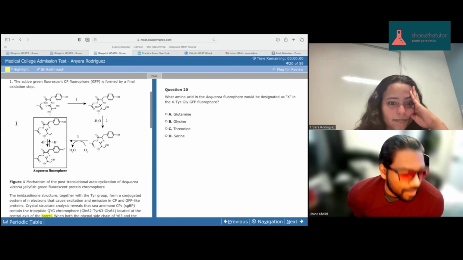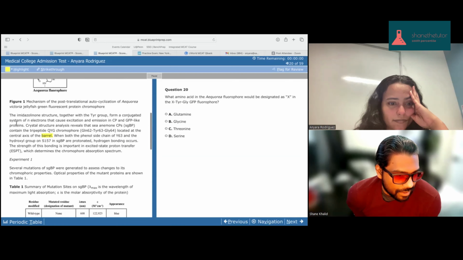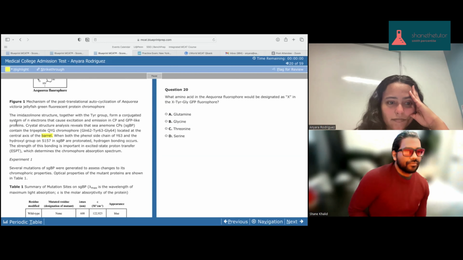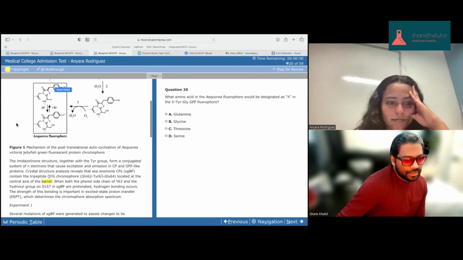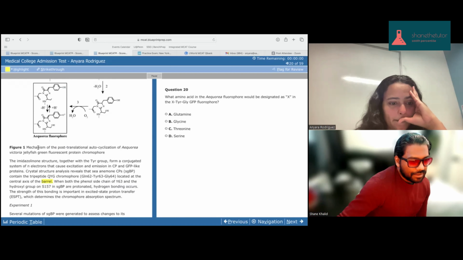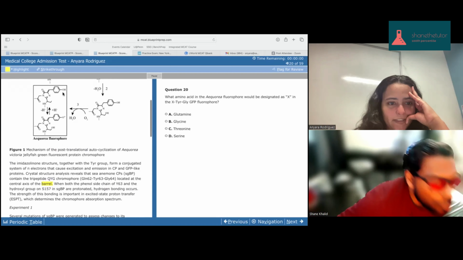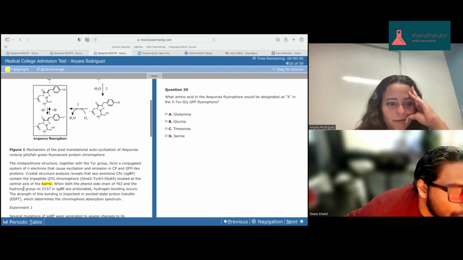Yeah, and I think the thing that they're talking about with the protonated thing is something we can see here. Like the phenol and the, yeah, wait, this is weird.